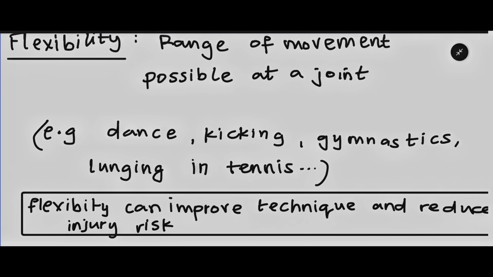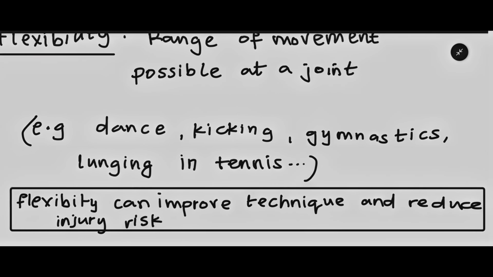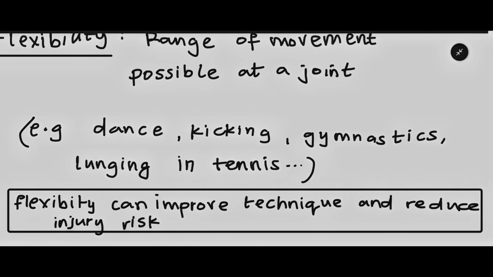For example, gymnastics, dance, kicking, lunging, and tennis, these are all movements that require flexibility. Also, if you're ever evaluating the importance of flexibility, you could gain some more marks if you mention that flexibility can help to improve technique and can also reduce the risk of injury in certain contexts.